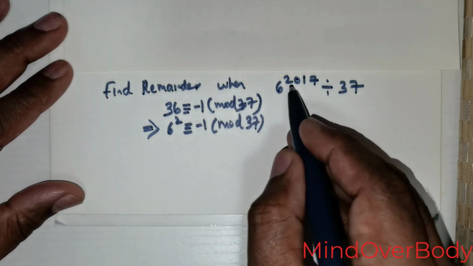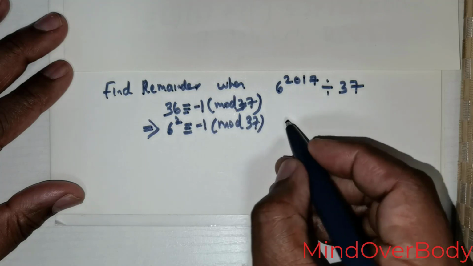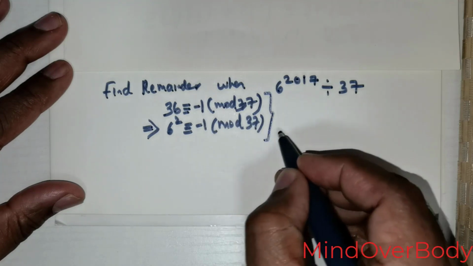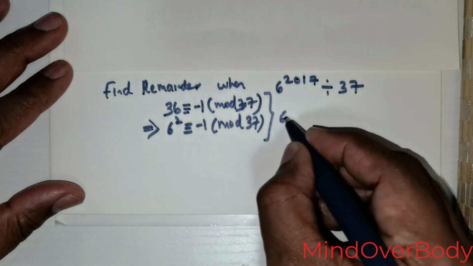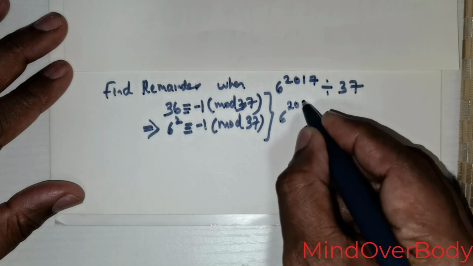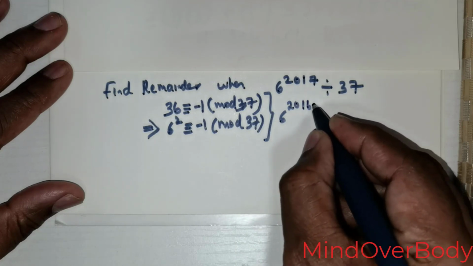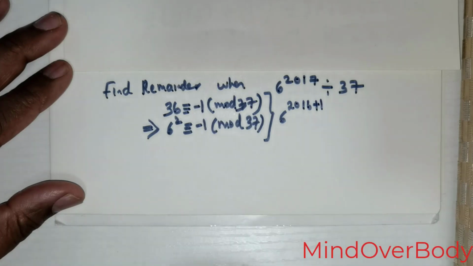Now 6 raised to the power 2017, I'm going to write this as 6 raised to the power of 2016 plus 1 in this fashion.